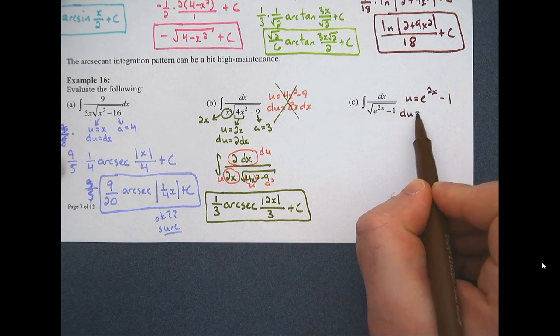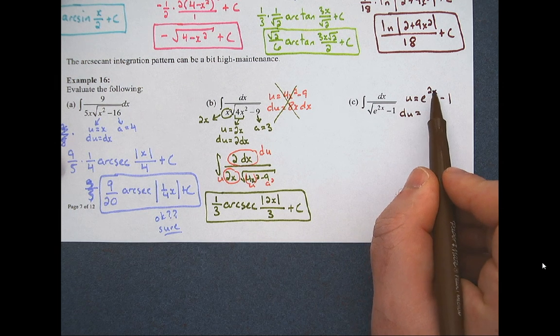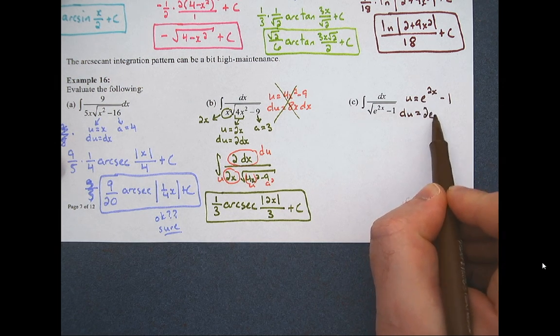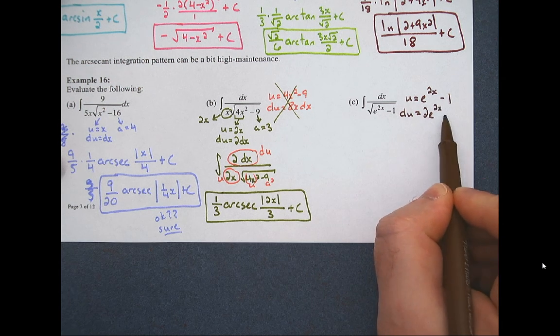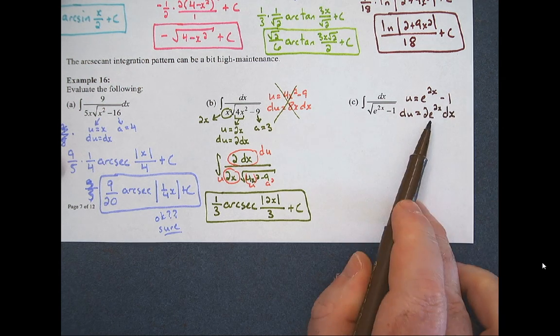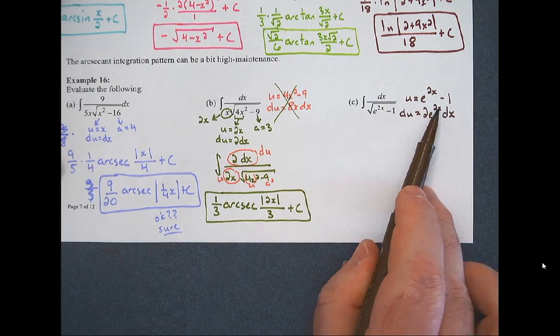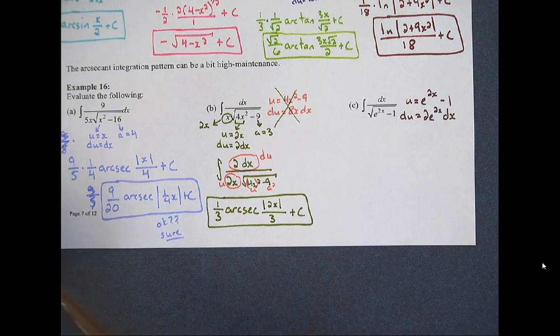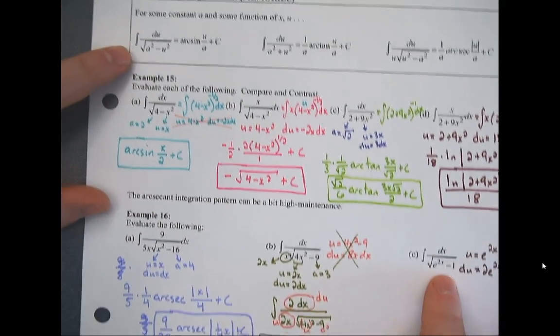Du would be, so what's the derivative of e to the 2x? It's e to the 2x. Then you've got to do the chain, so it'd be 2 e to the 2x. Derivative of 1 is 0. So we need an e to the 2x, which we don't have here. So my instinct is that's dead meat. We're going to have to look for one of these formulas up above.